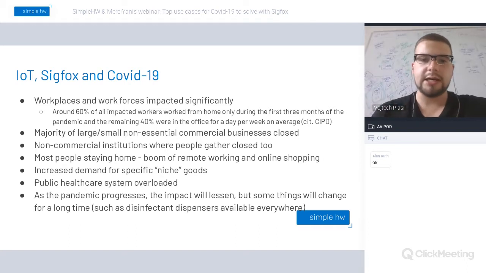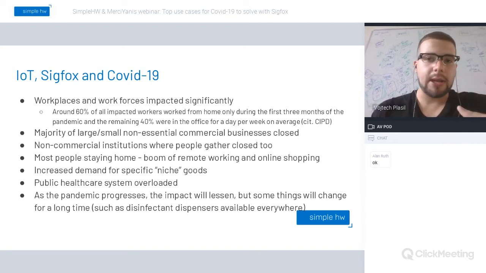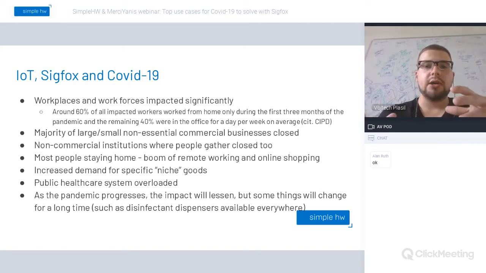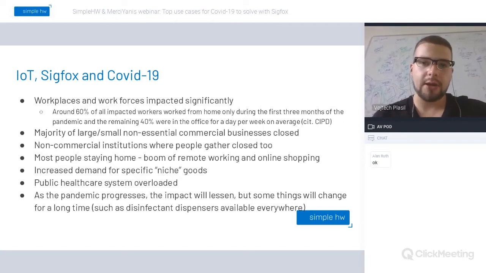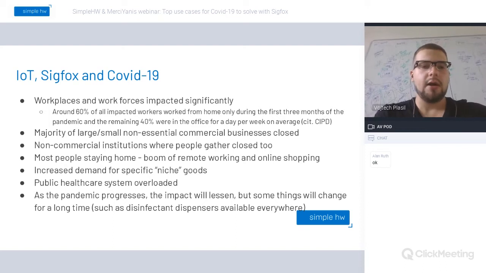According to the CIPD, which is a British HR organization with a lot of history, around 60% of all impacted workers, workers that were impacted by the pandemic, of course, moved to work from home only and never went to the office during the peak of the pandemic, while 40% of the people who went to the office for an average of 1 day per week and stayed home for the rest of the week.